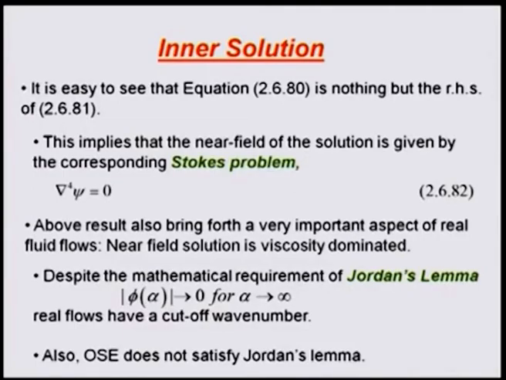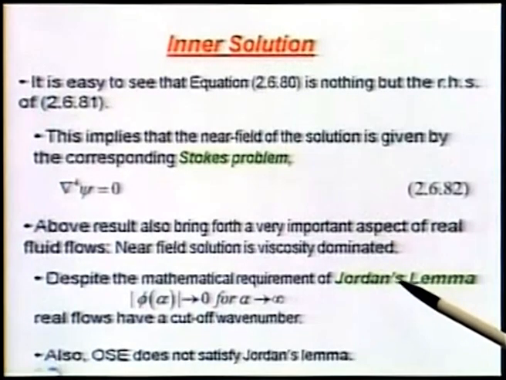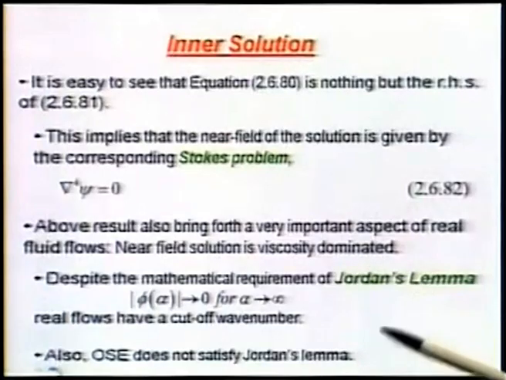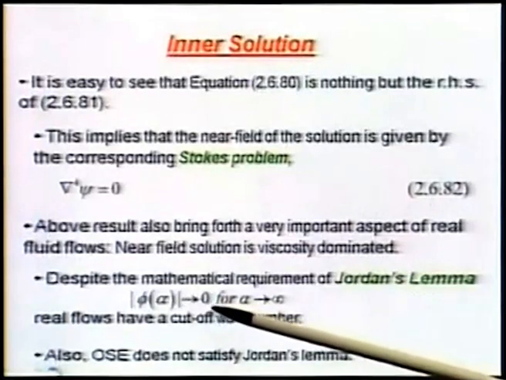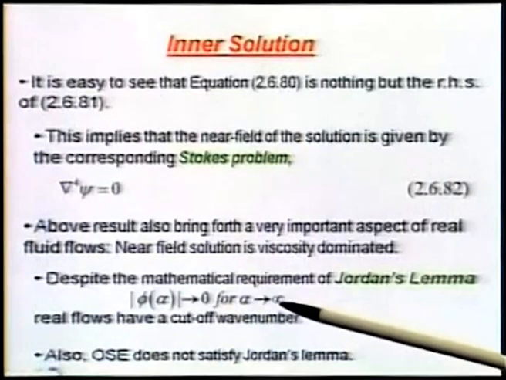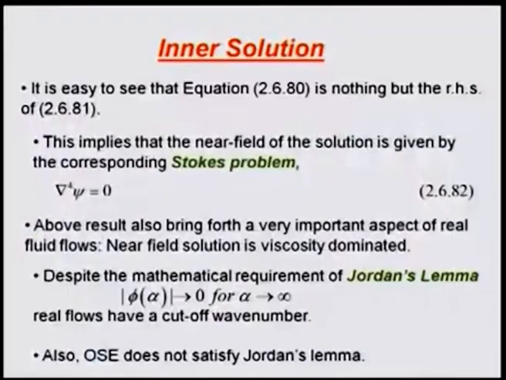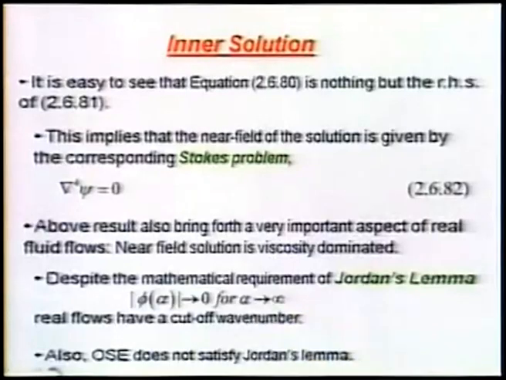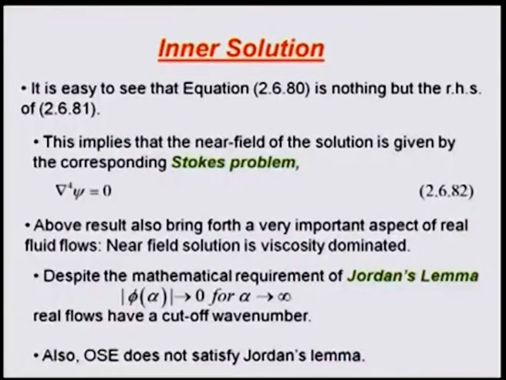This is something that we would like to see. And you see, we have already commented on this aspect, that requirement of Jordan's lemma, that phi of alpha should go to 0 for alpha going to infinity. Real flows have a finite cutoff wave number, and this more or less is self-explanatory.